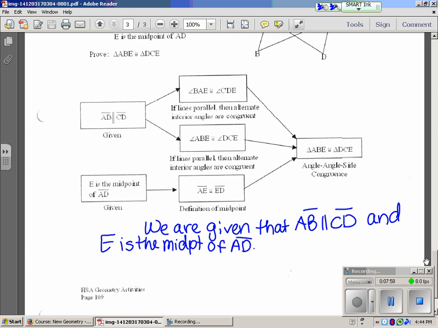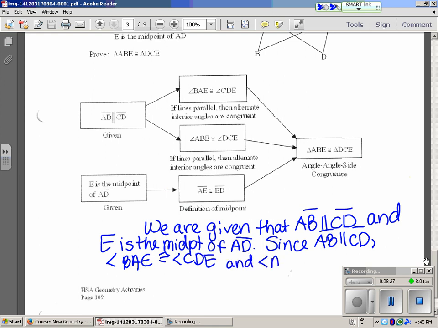Then look and see, how did these boxes flow? Well, it depends what you want to do. So we could say, since AB is parallel to CD, angle BAE is congruent to angle CDE, and angle ABE is congruent to angle DCE.